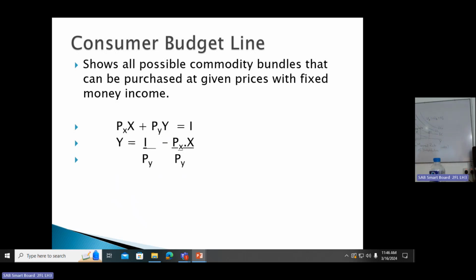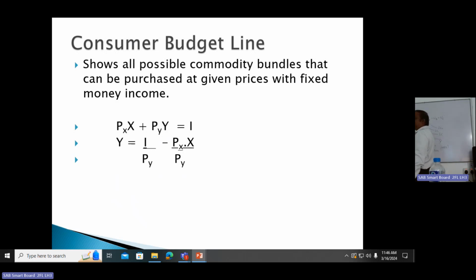So how does the consumer spend his limited income in order to get maximum satisfaction by consuming different points along the indifference curve? Which point do we maximize at?